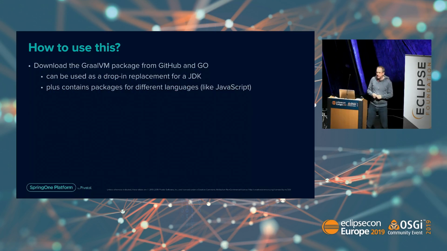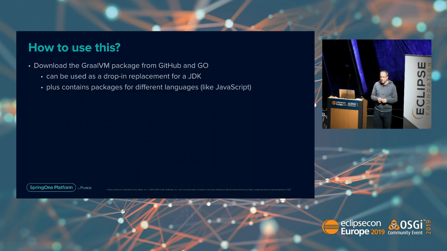There are basically two ways to do that. You can go to the GraalVM homepage and just download the GraalVM SDK. And then you get more or less a replacement for your OpenJDK installation. You can use it as a drop-in replacement. So that's good, easy to use.